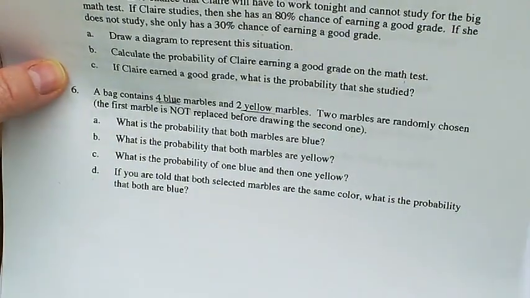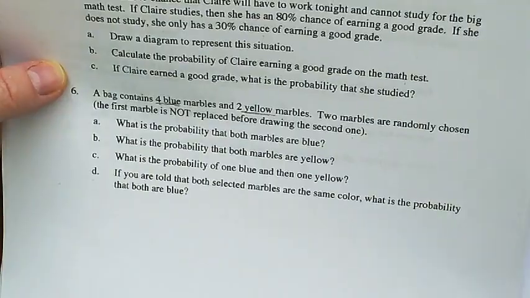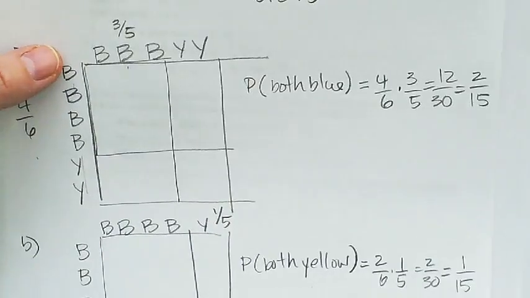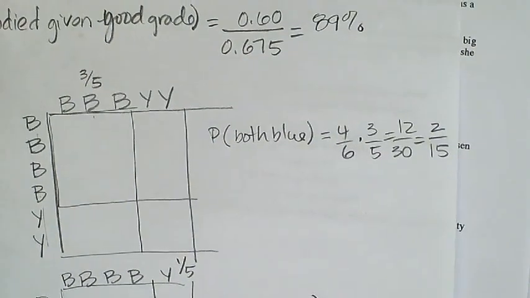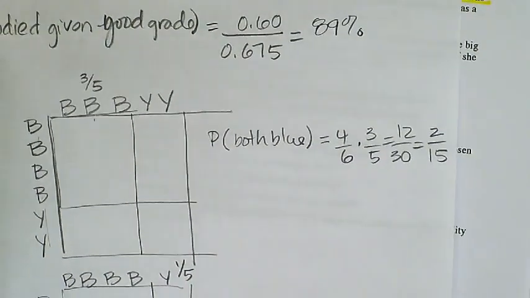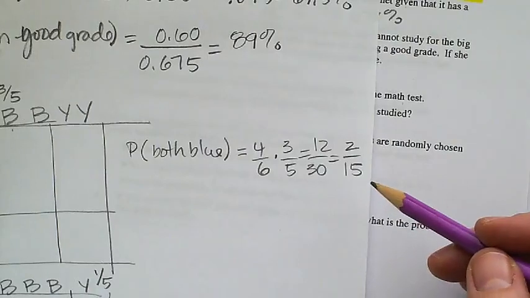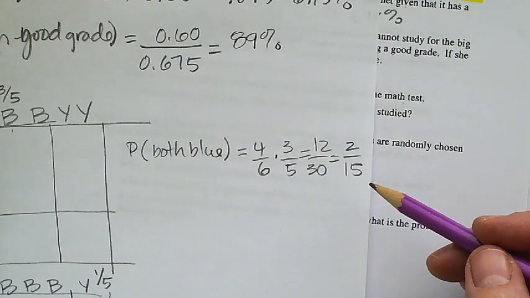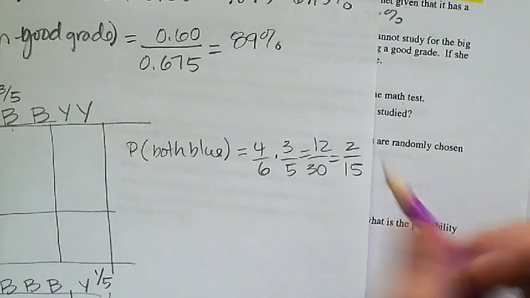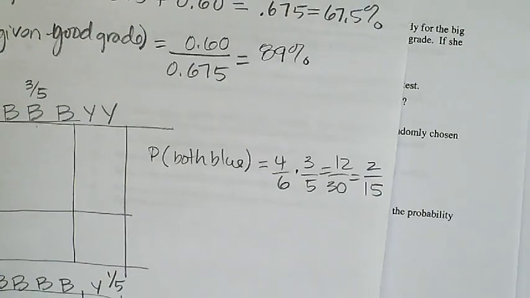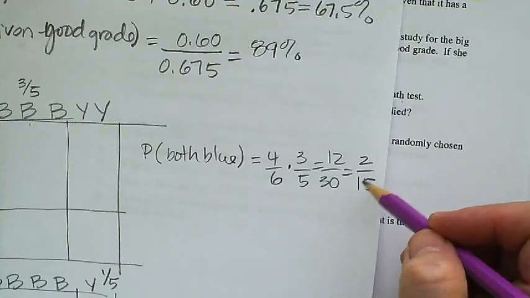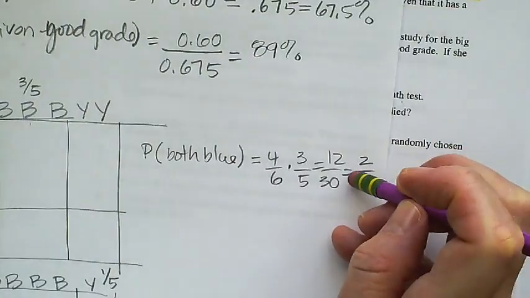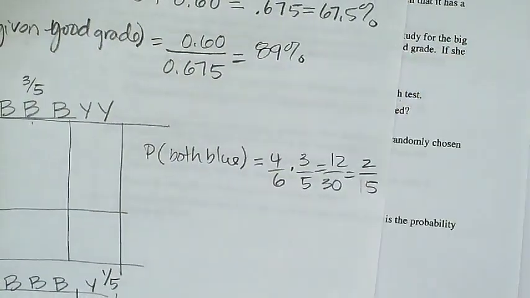Okay, so if you're told that both are the same color, the probability of getting both the same color for blue was 2 out of, this should be a 5. I put 15, that's 2 out of 5.